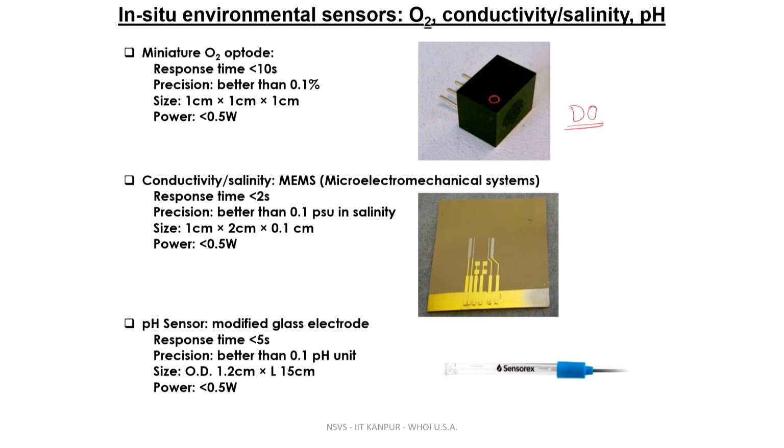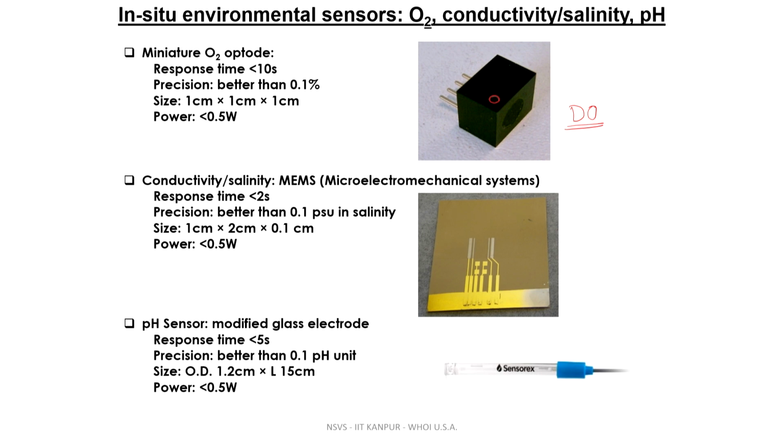Now the next in line is the conductivity or salinity sensor. This is a micro electromechanical system, so it is a MEMS sensor, and this sensor has to find out the presence of salinity or sodium chloride or the conductivity, because of so many reasons, like the presence of metals itself, can increase the conductivity.